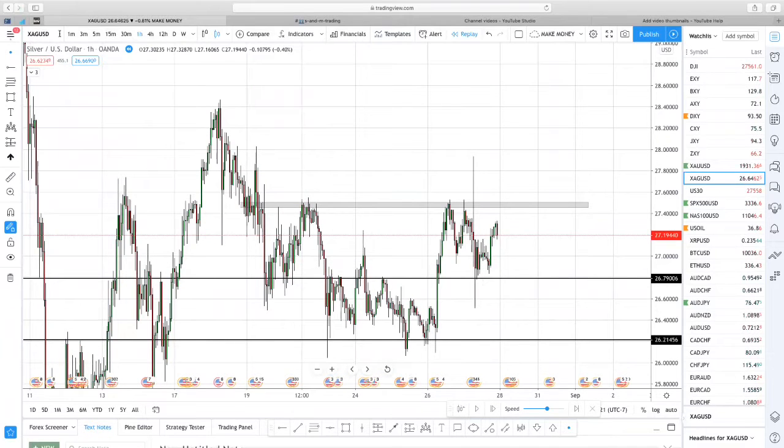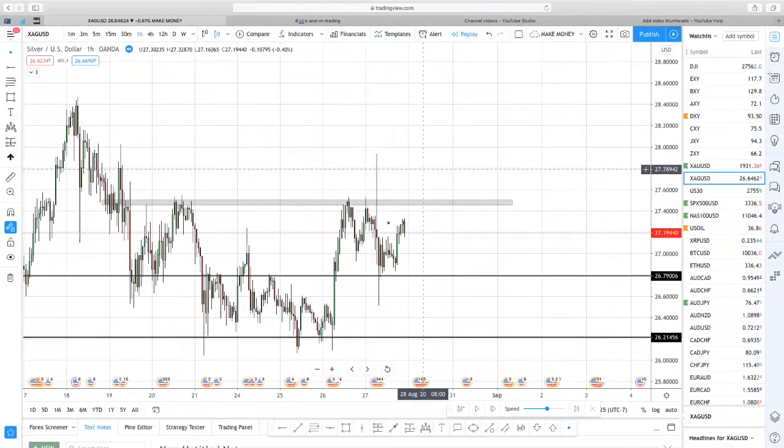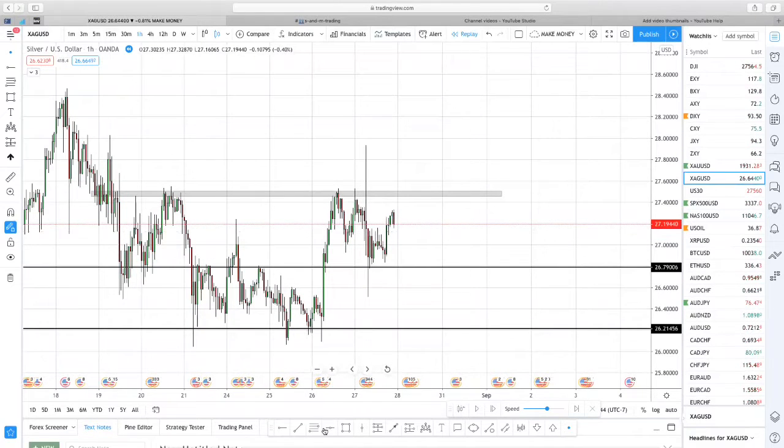We're looking at silver right now on the hour chart, and you're expecting silver to keep going up after this bounce off of 26.79, and to shoot past this area right here at about 27.478, this zone. So you put in your criteria in MT4.